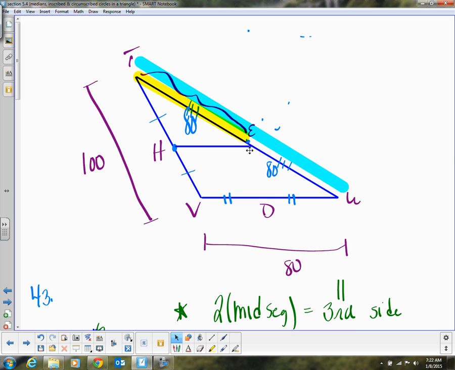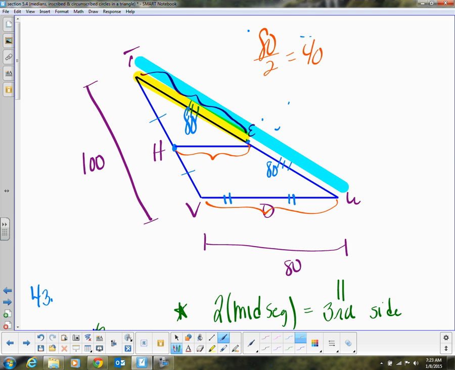What kind of segment is HE, Bree? Mid-segment. So are we going to be using 100 or are we going to be using 80? 80. So what's the relationship of this to this? Yes, it would be 80 divided by 2. Any other questions? MJ. Which one?